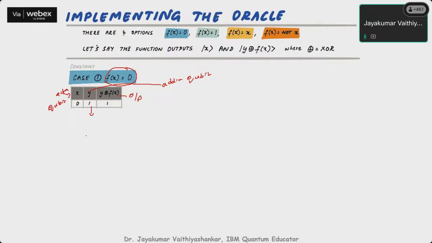So take the y value as it is, 1, and do XOR with f of x. What is the f of x value? 0. So 1 XOR with 0, you'll get 1 because both inputs are different. If both inputs are different and you do XOR, you will get 1 as the output.